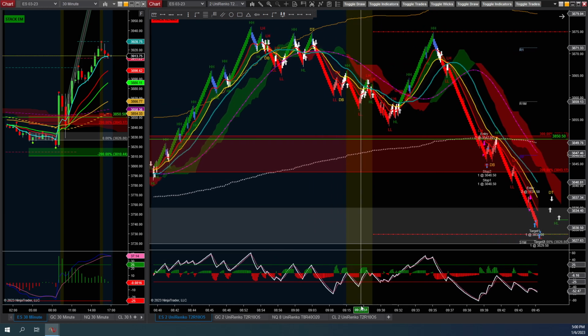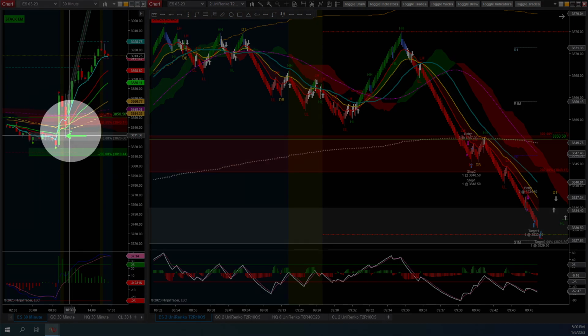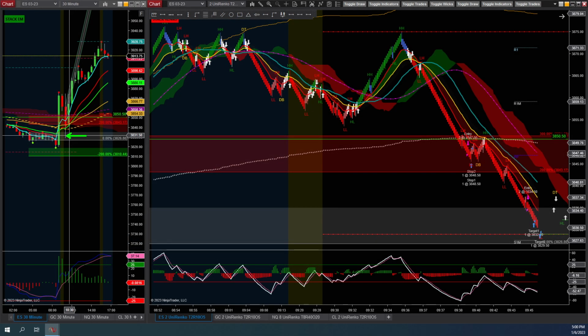It was crossing. So it was also in this area here when the market was coming back down to touch the overnight range. So it touched it here in the 30 minutes. It touched it there and then reversed to the upside.